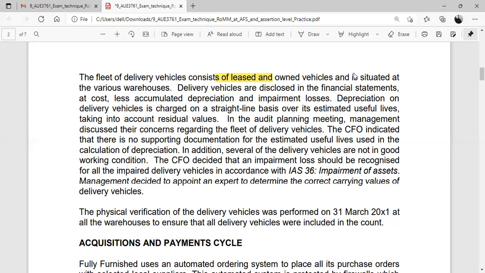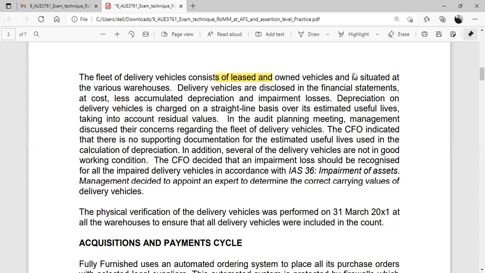Are you guys with me? Okay. So from an accounting perspective, you'd recognize a right of use asset.